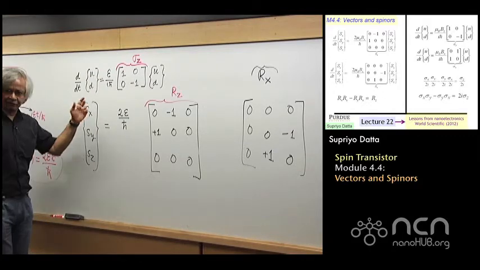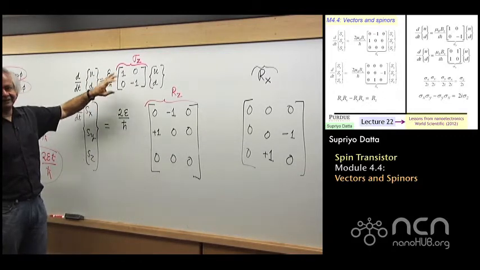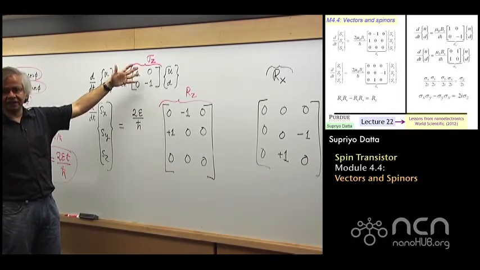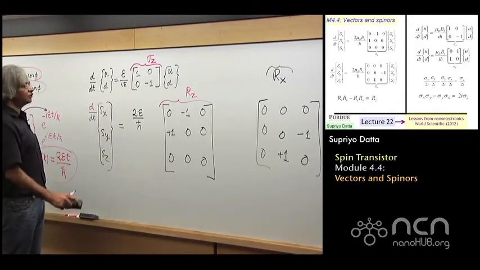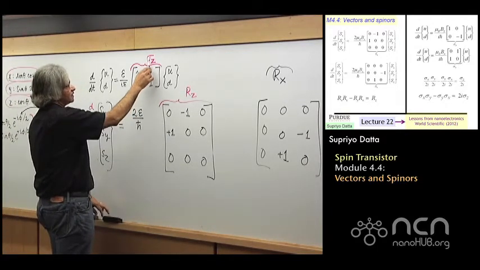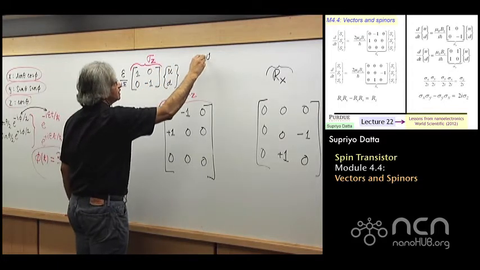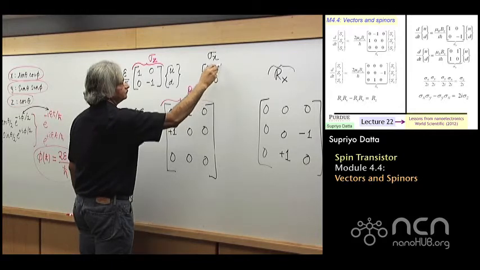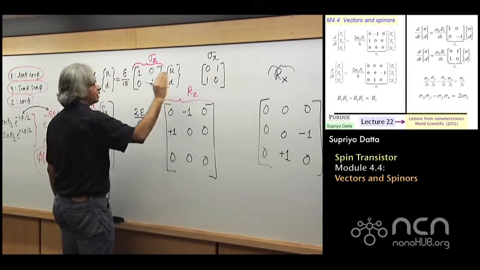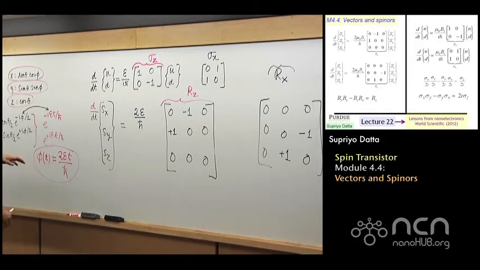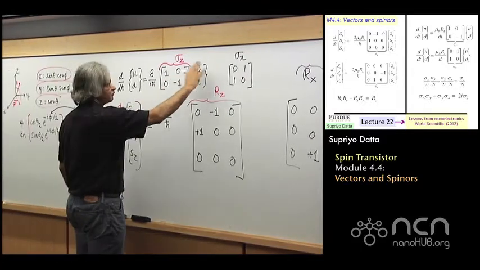Now, what you might expect, what you could show actually, by using the kind of basis transformations that we did in the last couple of modules, is that instead of the sigma z, you'd actually have to use the sigma x, which would look like 0, 1, 1, 0. And this is a matrix that comes from here by basis transformations, if you, of course, know these up and down components, so that you know how to do the basis transformation.